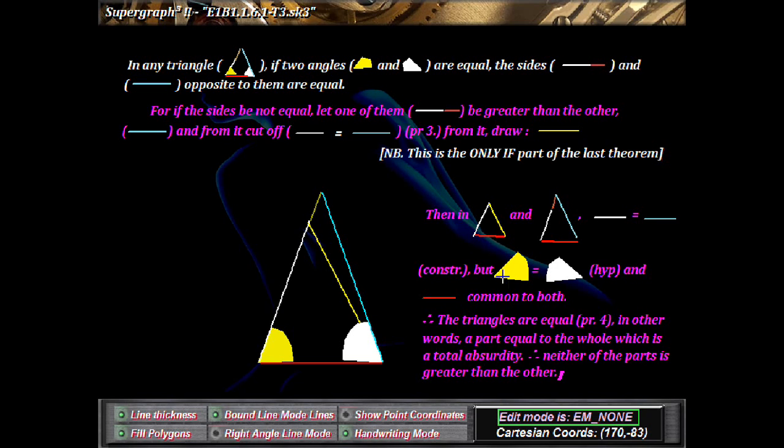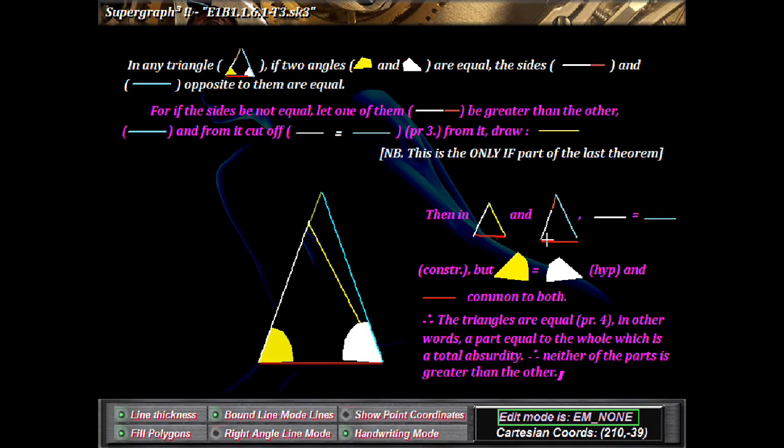And the two angles are equal. I should give them the same color. In this case, here we have two sides equal, white and blue, with a common base red, with the same angle assumed, right? And so therefore these triangles are equal in every possible respect.